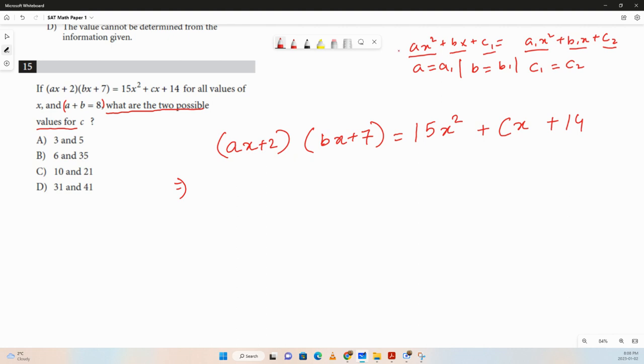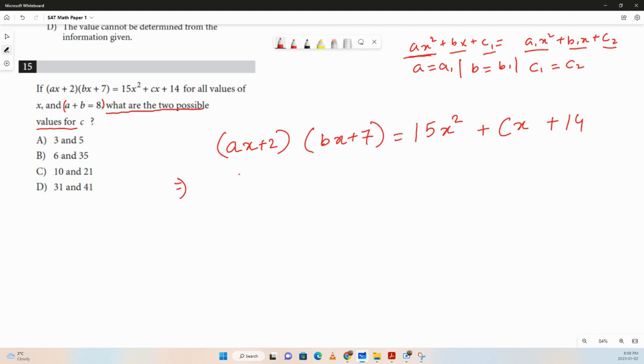So that's the concept, right? If you have the same term on both sides, then the coefficients must be equal. If you have two terms of x square, one on each side of the equation, and no other terms in x square, then the coefficient of x square on both sides must be equal. We are going to use that concept here.